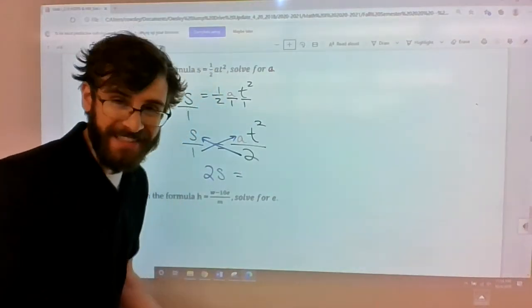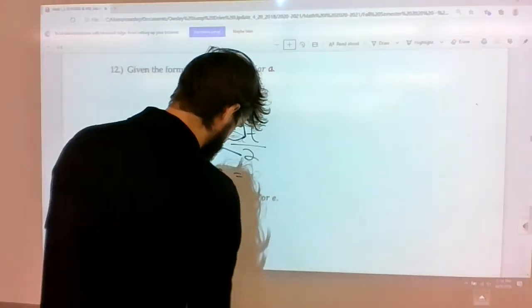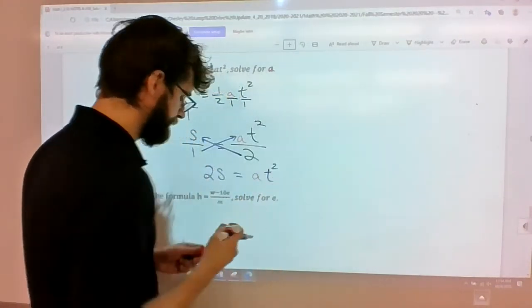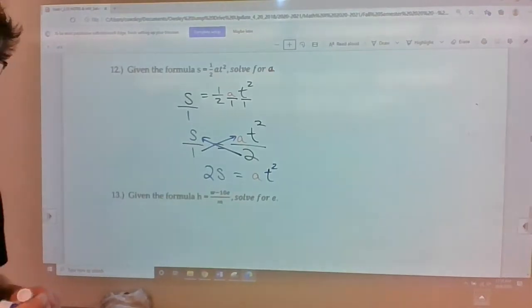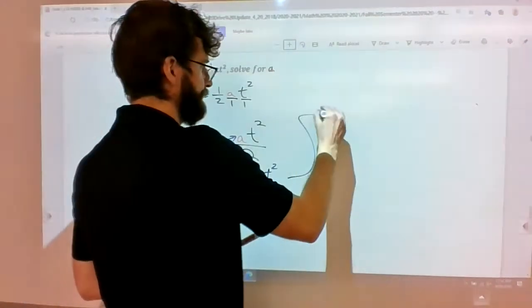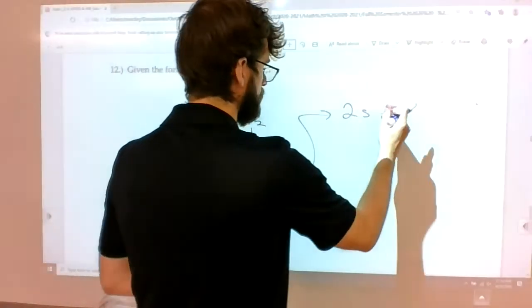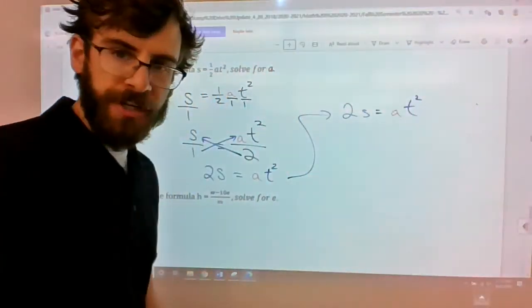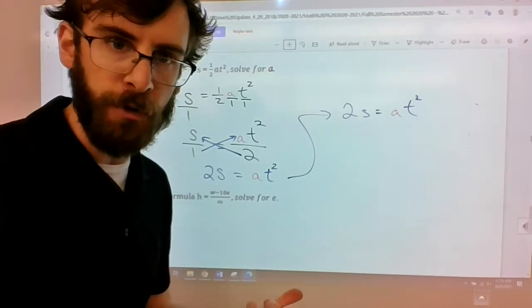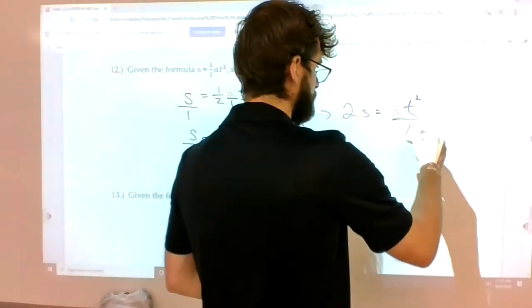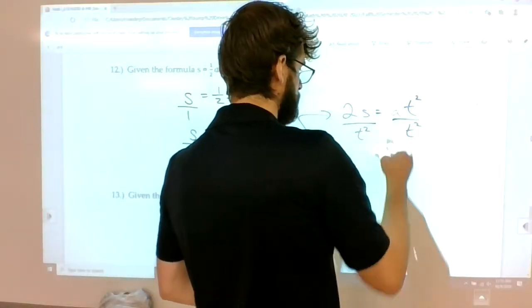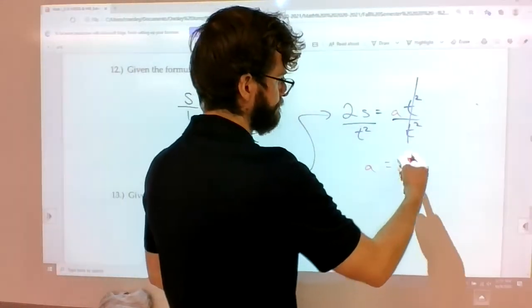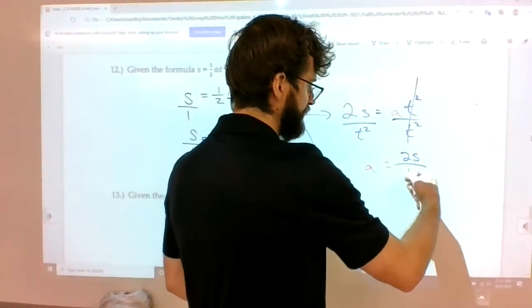I'm just going to call it at squared. So now you can divide by the parts that are multiplied by a. A equals 2s over t squared.